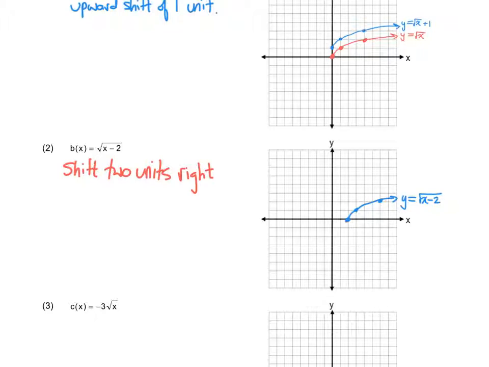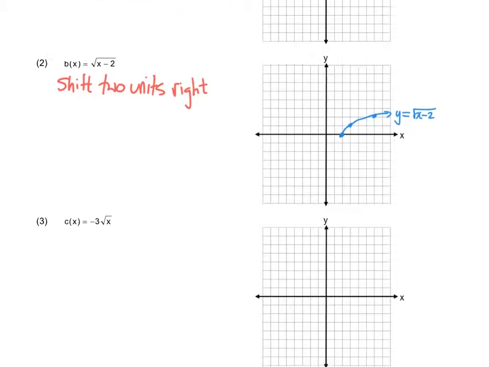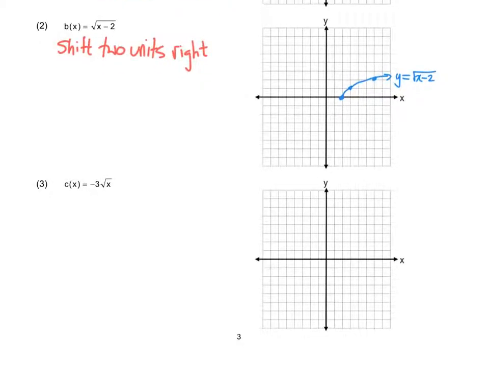All right, and for number 3? What's the negative telling us to do? Reflect over the x-axis. And what's the 3? Stretch factor of 3.